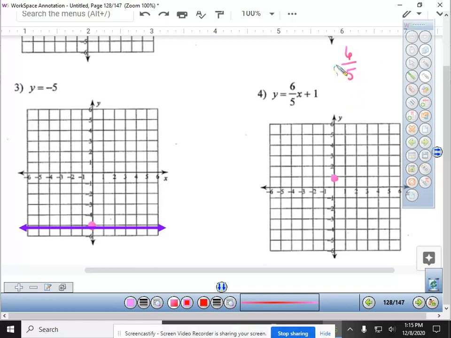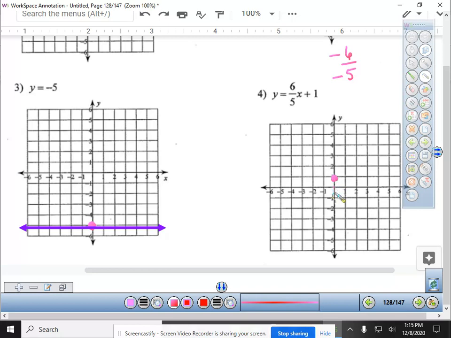The 6 fits the whole thing. Negative both of them. Because a negative divided by a negative is what? Positive. So if we graph this, -6 over -5, put your pencil down and watch.